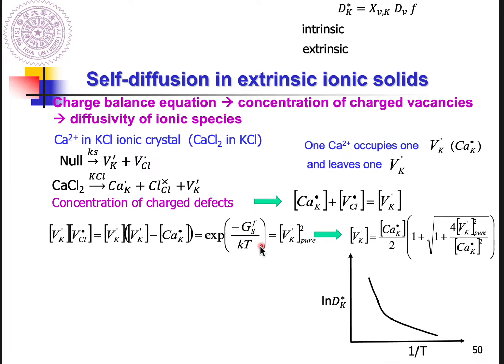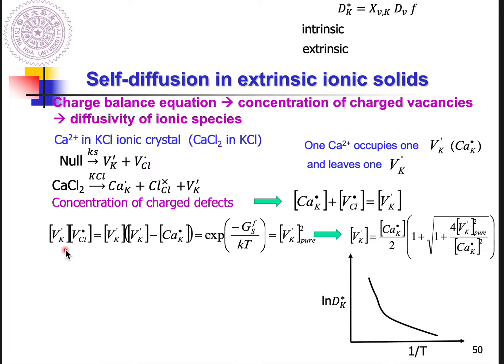And based on the semiconductor industry or fundamental knowledge you learned, even after dopant, the positive carrier and negative charge carrier, the holes and electrons, the concentration of P times N will be equal to ni squared. Ni is the concentration of the major carrier before doping, squared, right?